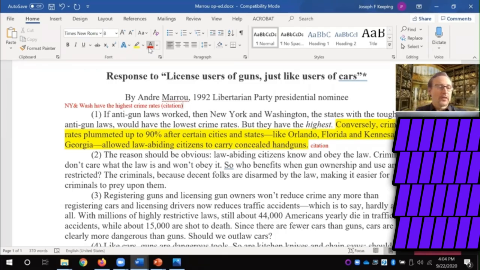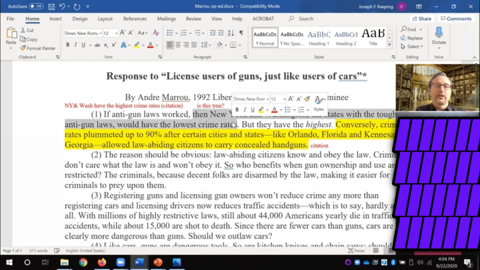Which is to say that instead of going "citation needed," because I wanted to talk about the importance of citations, I could have instead highlighted this and typed, "Is this true?" I don't know if this is true. Let's say it was true.